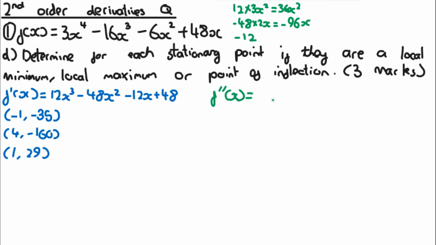So therefore f''(x) is equal to 36x^2 - 96x - 12, and then we just sub in all the values and see if they're positive or negative, or of course 0.